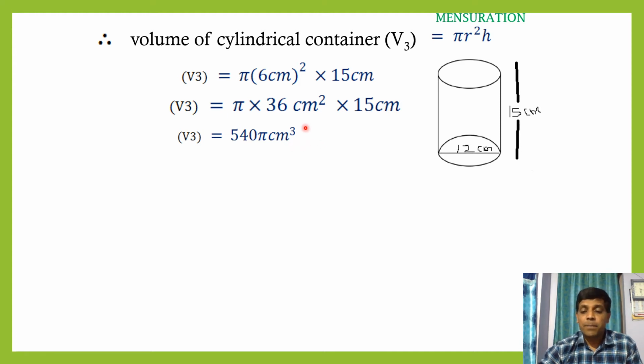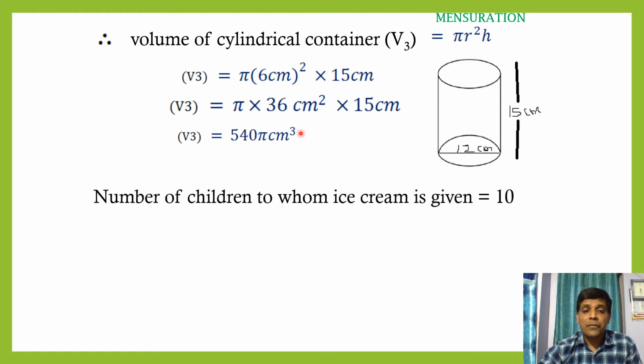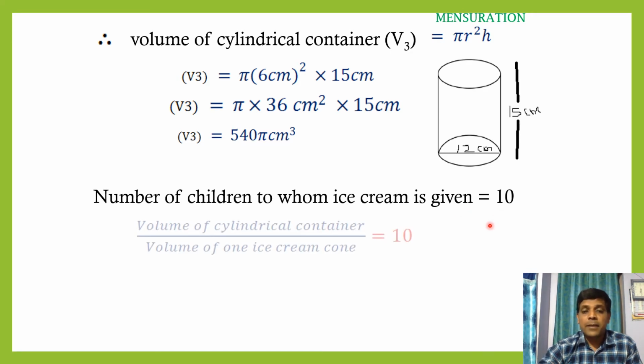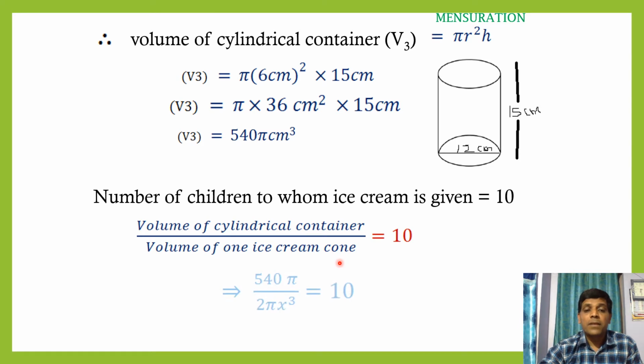Now the next step, the number of children to whom ice cream is given equals 10. The volume of the cylindrical container divided by the volume of one ice cream cone is equal to 10. So what is the volume of the cylindrical container? 540π centimeter cube.